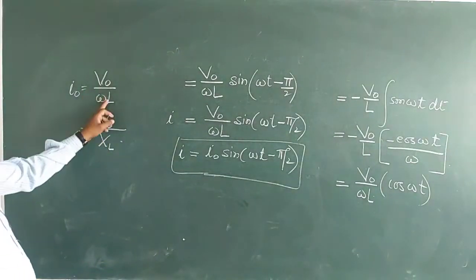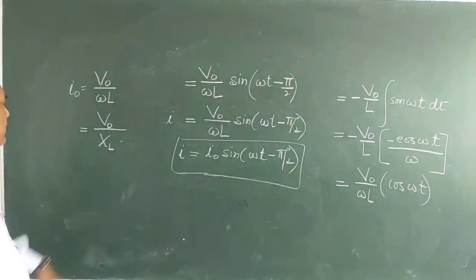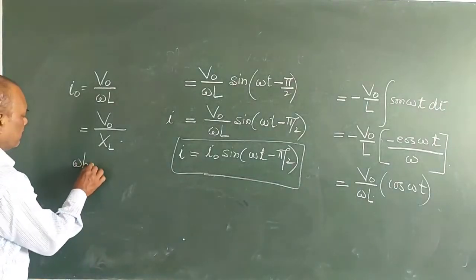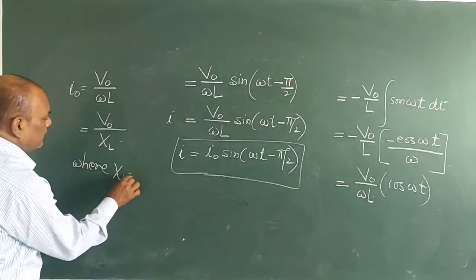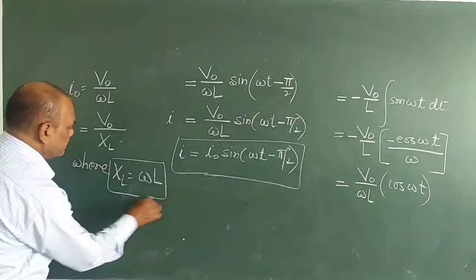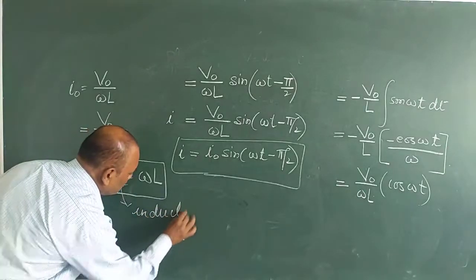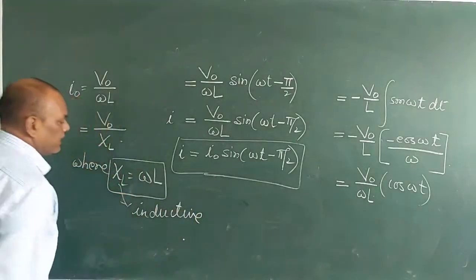V0 by omega L is equal to V0 by XL, where XL is equal to omega L, and this XL is known as inductive reactance.